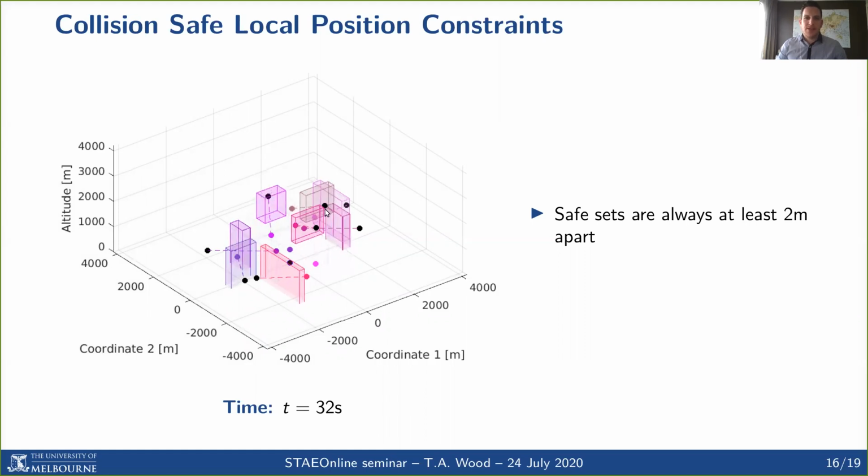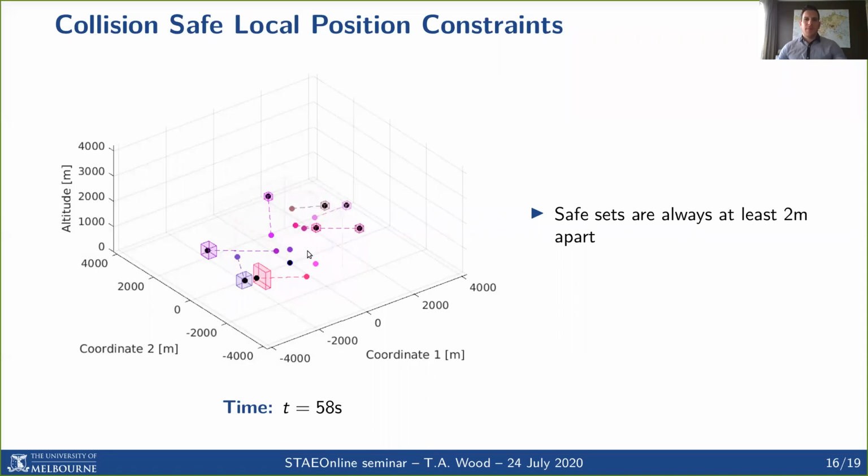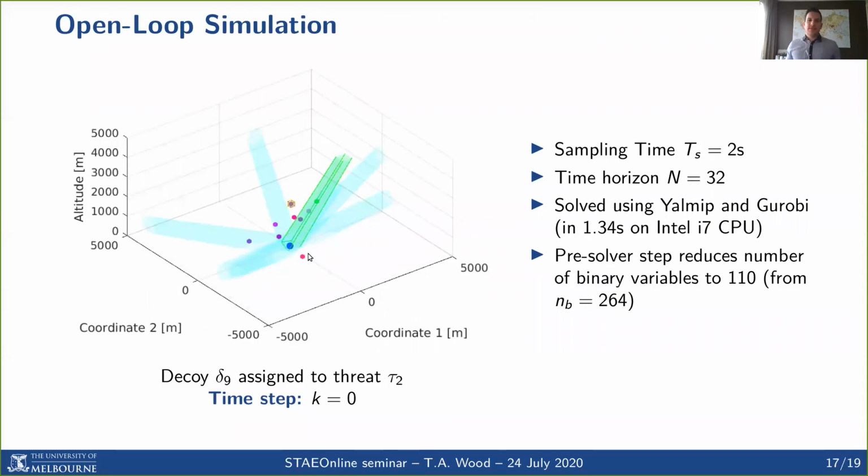And so for every agent, we have these sets that are non-empty, and they move towards the target. And then, that was just for the local safe sets. We implemented the motion control problem in YALMIP and Gurobi on my laptop.